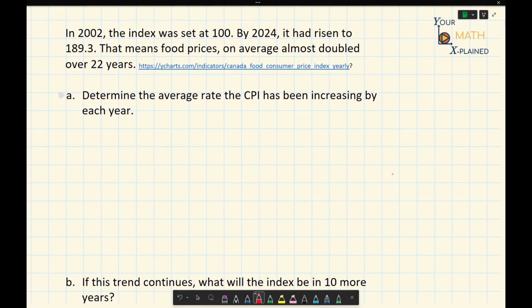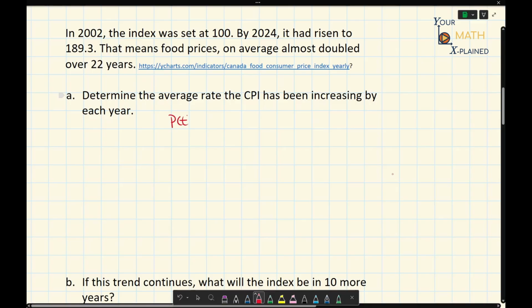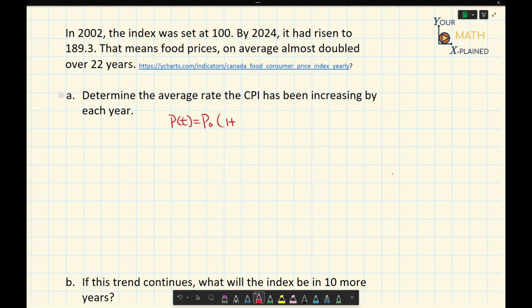So we start with P of t is equal to P0 multiplied by (1 plus r) to the power of t. Our t here is not going to be the year number. It's going to be the number of years that have passed since 2002, because that is our starting point.